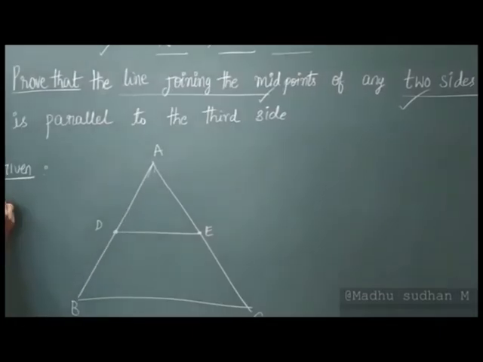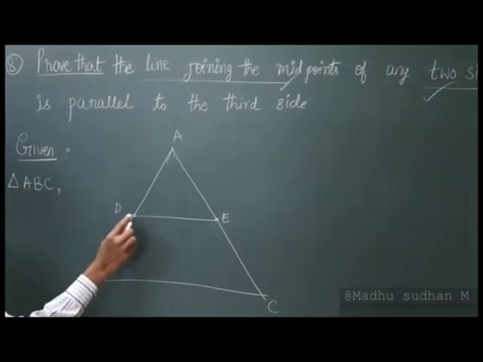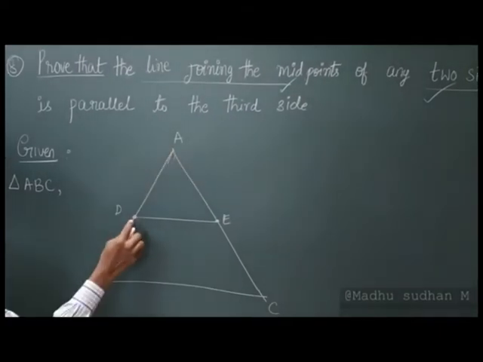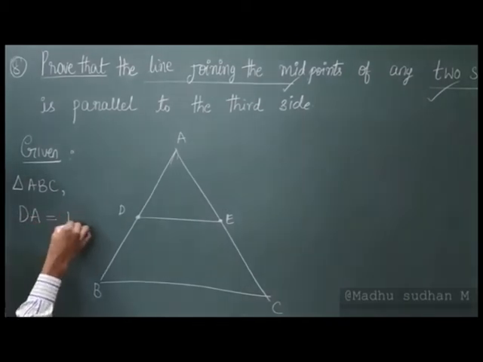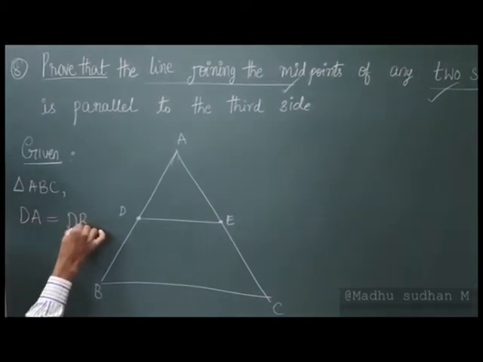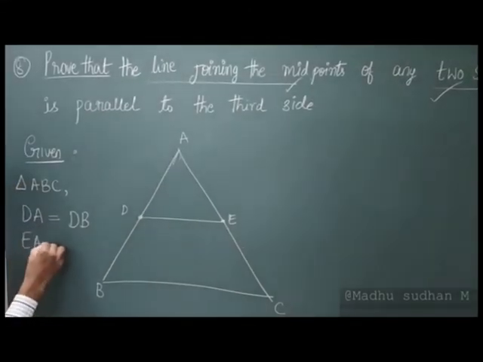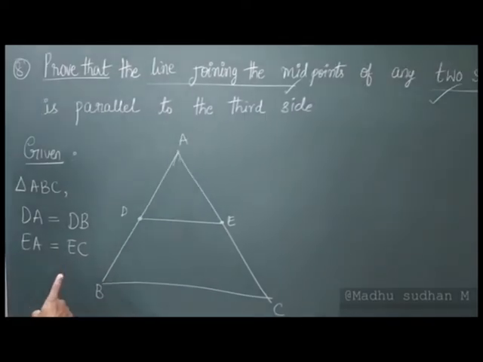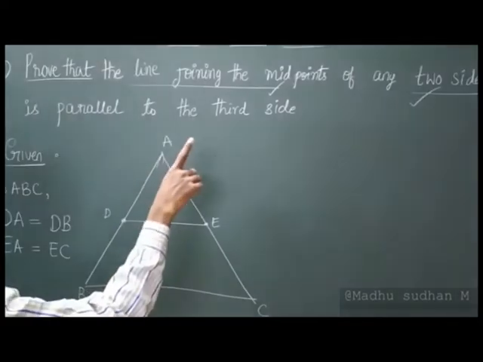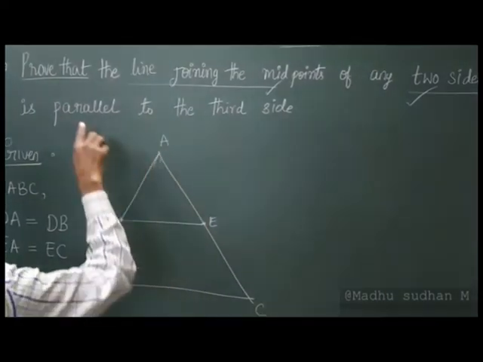Prove that the line joining. So in the given part, this is triangle ABC. D is the midpoint. DA is equal to DB. So here DA equals DB. EA is equal to EC. So these are the given part. The line joining the midpoints of any two sides of a triangle is parallel.